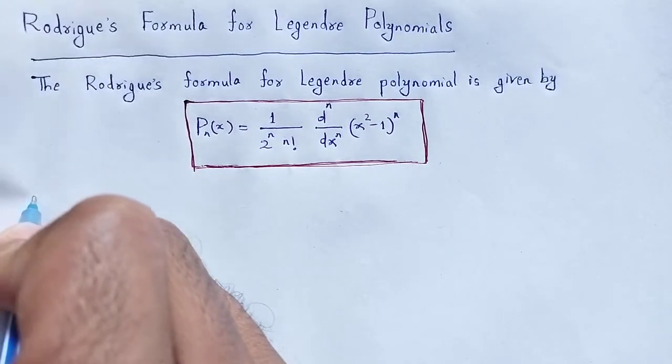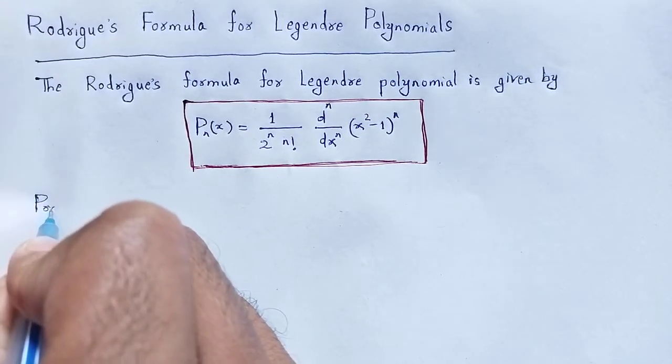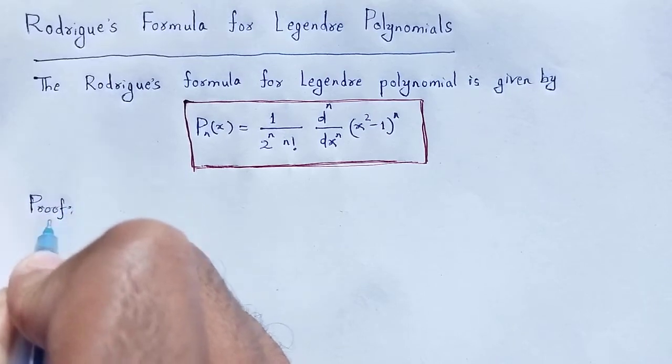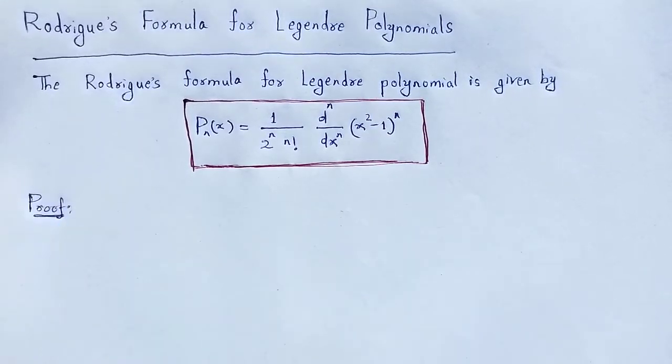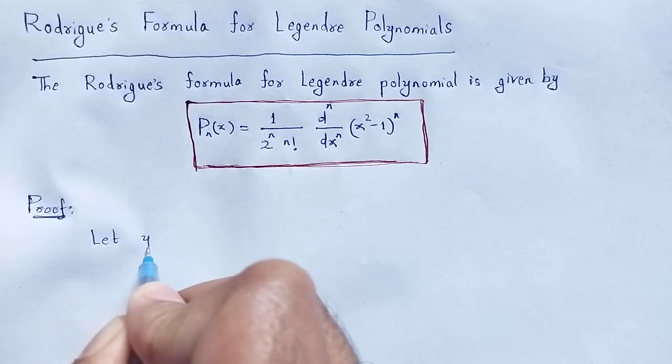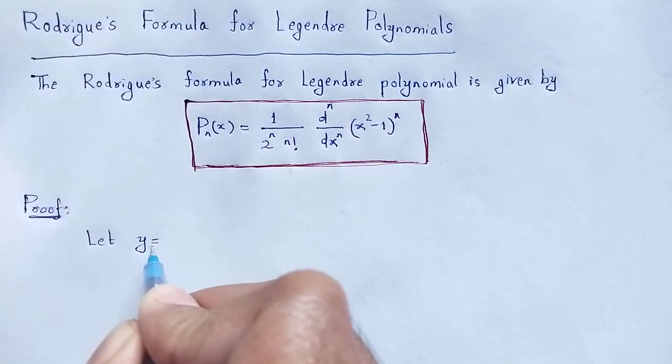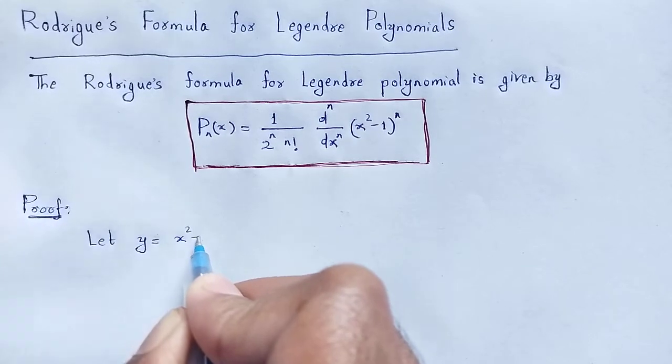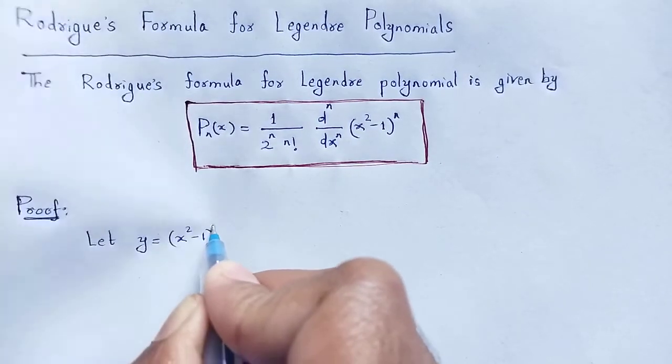How to prove? Let y is equal to (x square minus 1) to the power n.